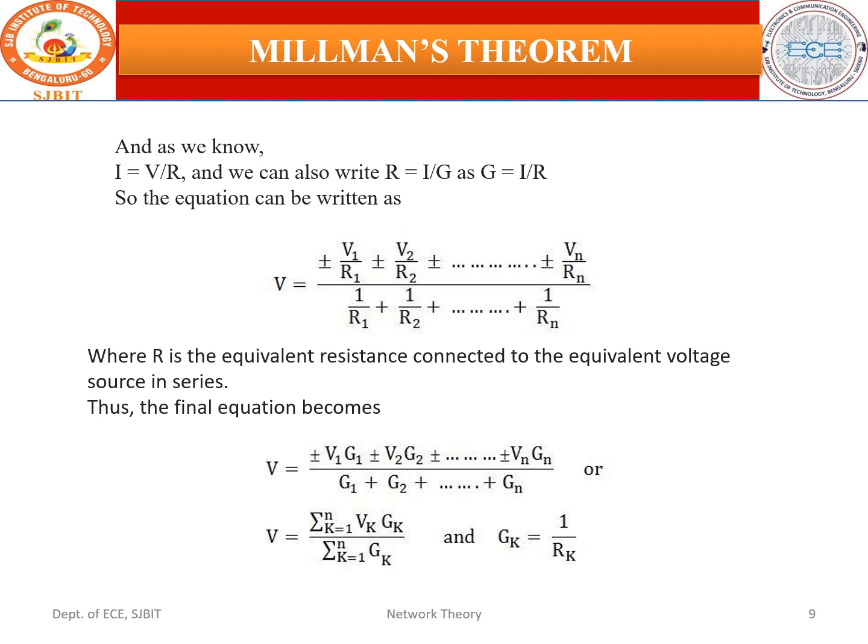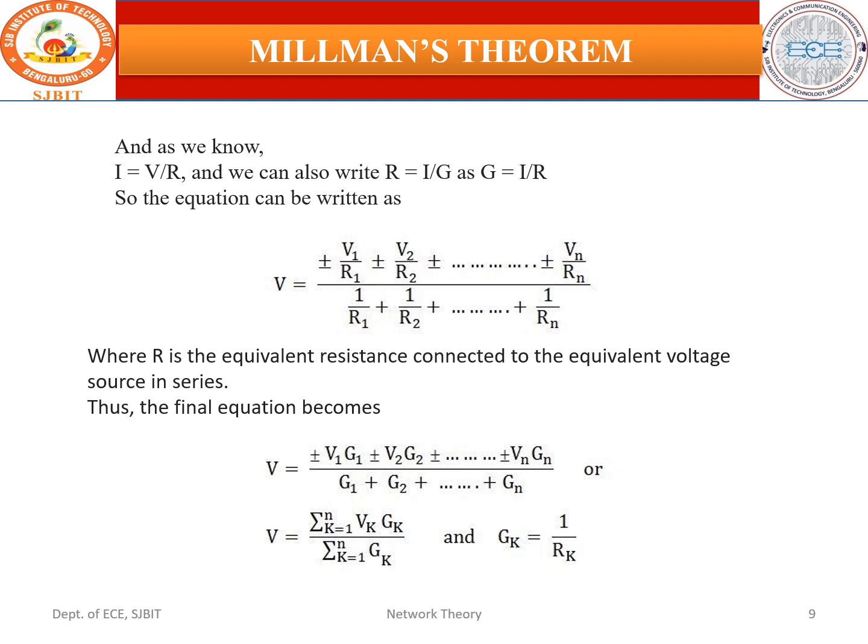As we know that I is equal to V by R, and we can also write R is equal to 1 by G, so the above equations can be written as V is equal to V1 by R1 plus V2 by R2 plus V3 by R3 etc. plus Vn by Rn divided by 1 by R1 plus 1 by R2 plus 1 by R3 etc. plus 1 by Rn. So here R is the equivalent resistance connected in series to the equivalent voltage source.